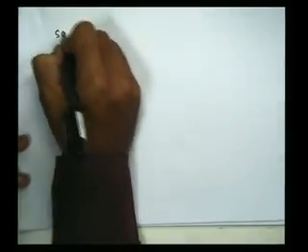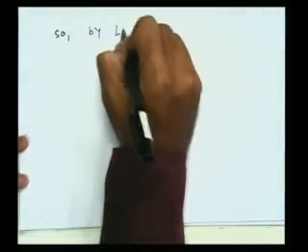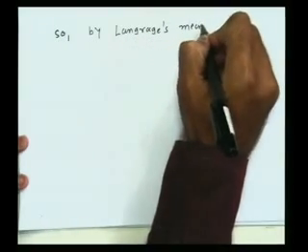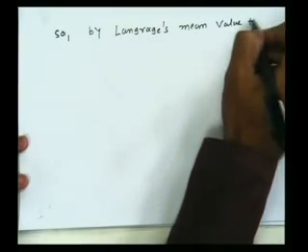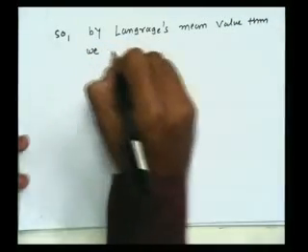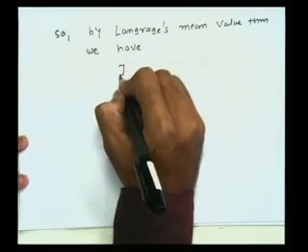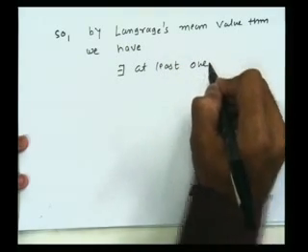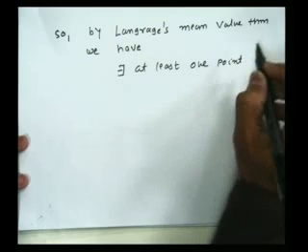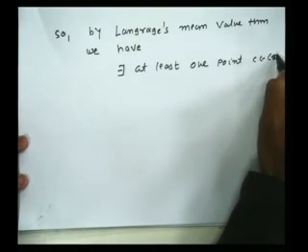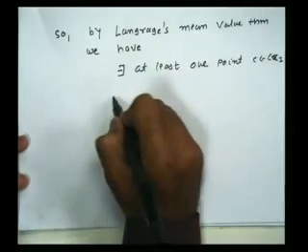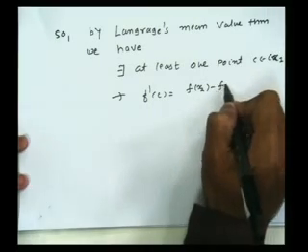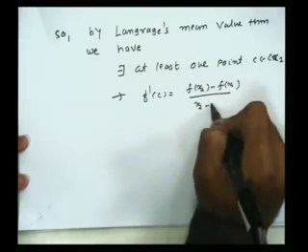So by Lagrange mean value theorem, there exists at least one point c belongs to open interval x1 to x2 such that f dash of c is equal to f of x2 minus f of x1 upon x2 minus x1.